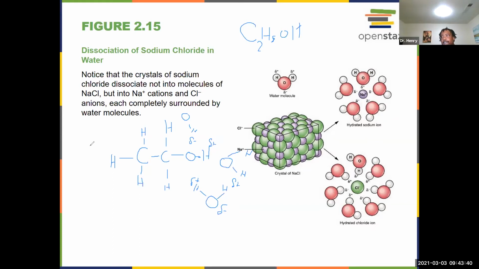Isn't one more dense than the other? No, that's not the reason why. That's the reason why one floats on top of the other, but that isn't the reason why it separates. Okay, so in the case of that, you have these really long hydrophobic chains of carbon.